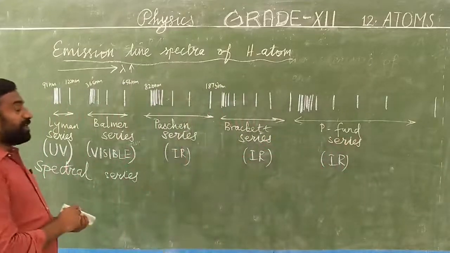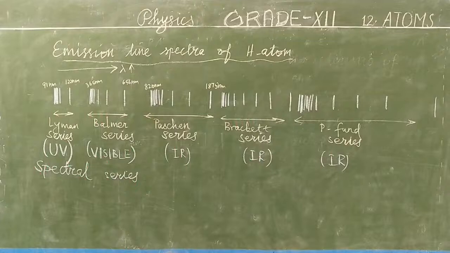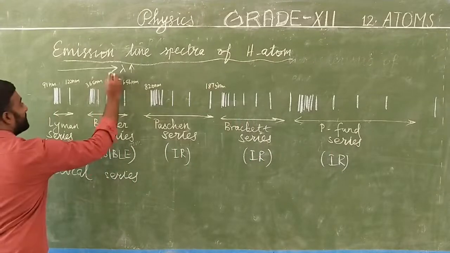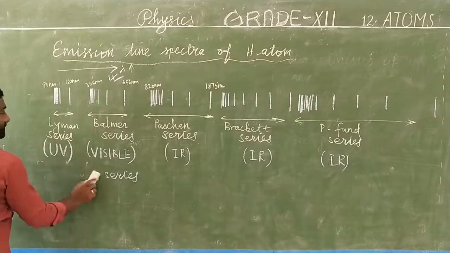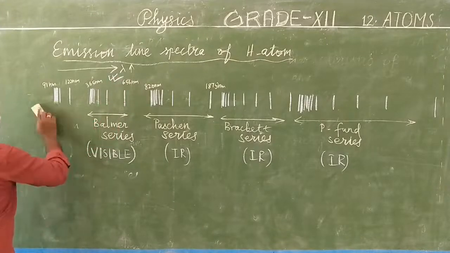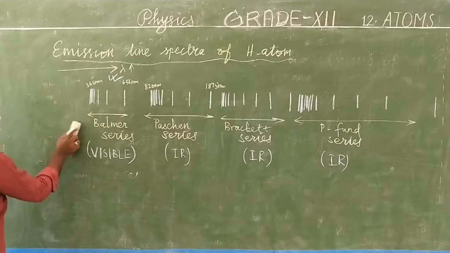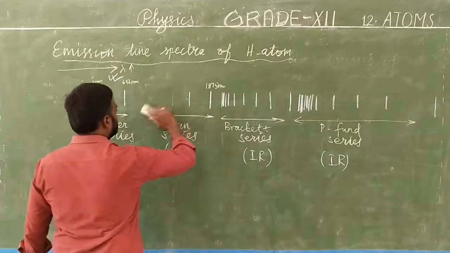J.J. Balmer obtained a simple empirical formula for the hydrogen atom. Now we are going to see only the Balmer series, not the Lyman.